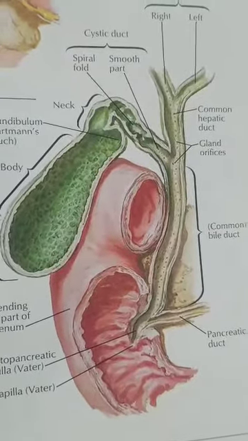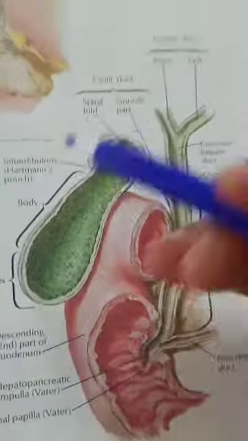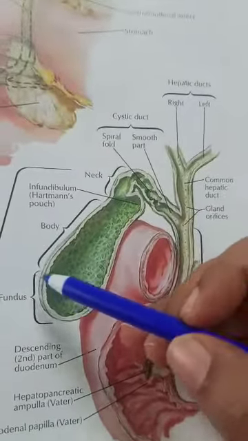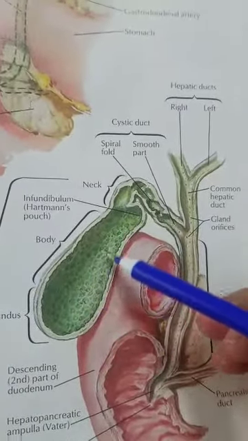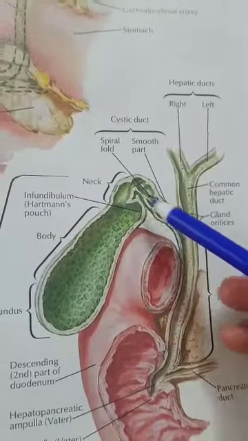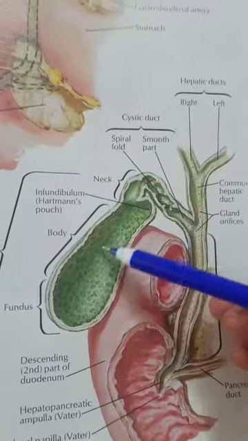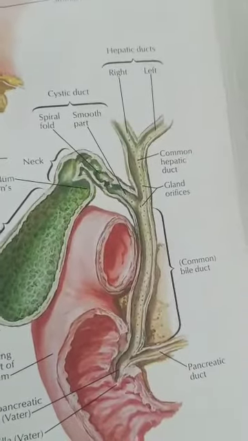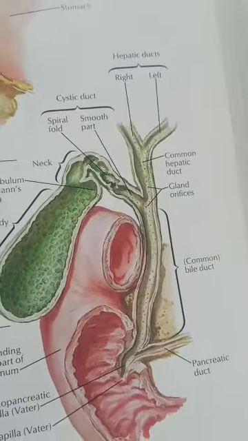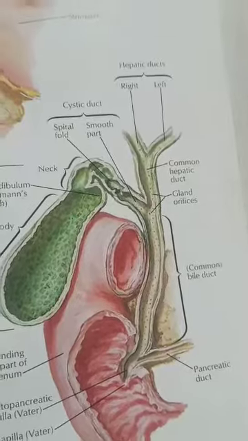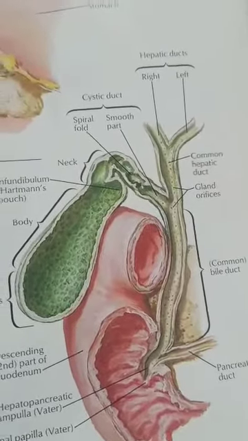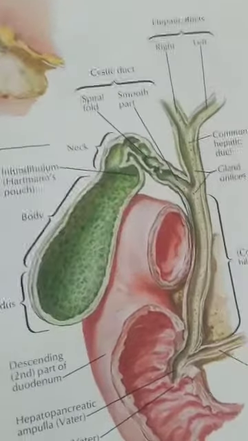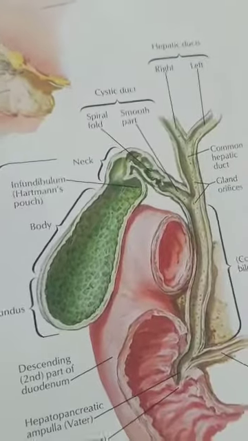When looking at the inner aspect, the interior of the gallbladder and also the cystic duct, in the gallbladder we can see mucosa. The mucosa of the gallbladder is lined with a special type of epithelium, that is columnar epithelium with brush border.